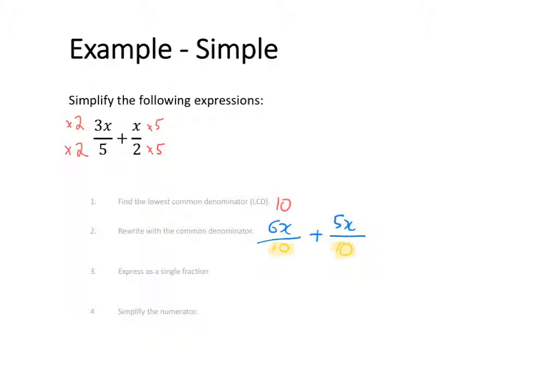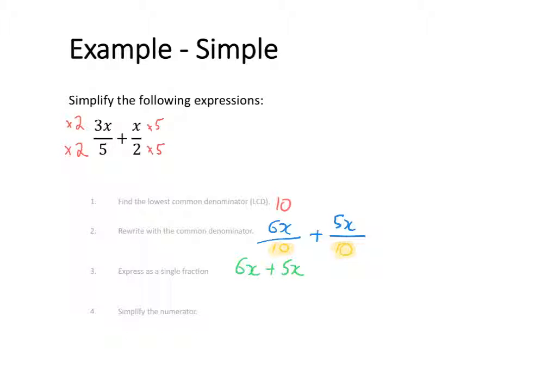So now that I've got my common denominator, I can go ahead and express it as a single fraction to complete my step 3. So to express it as a single fraction, I need to look at my numerators, and it is going to be 6x plus 5x.